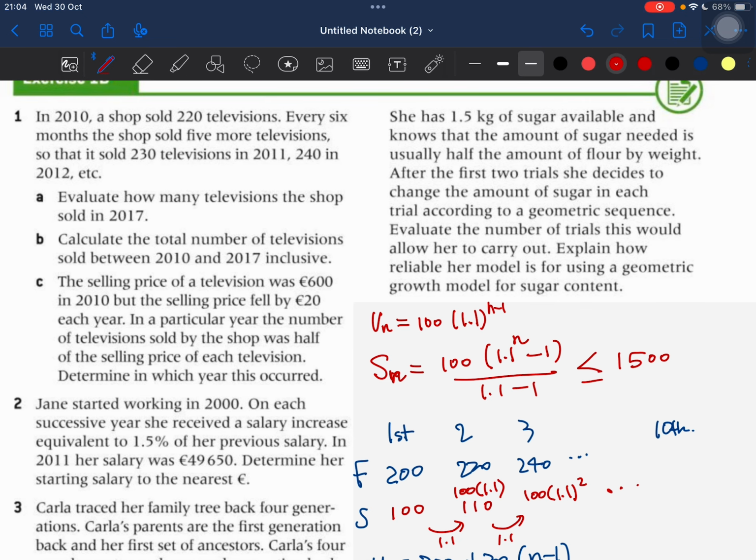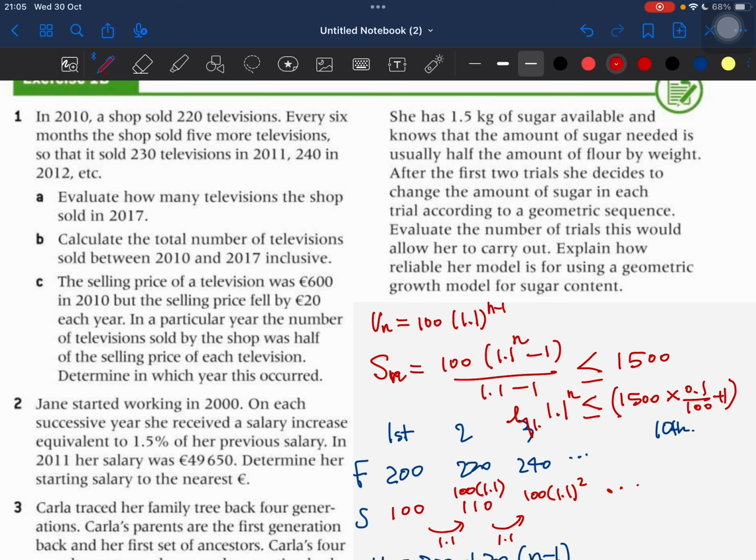What I use, the amount of what I use, should be smaller than or equal to what I have. Makes sense. So this one, 0.1. So 1500 times 0.1 over 100 plus 1 equals 1.1 to the power of n.